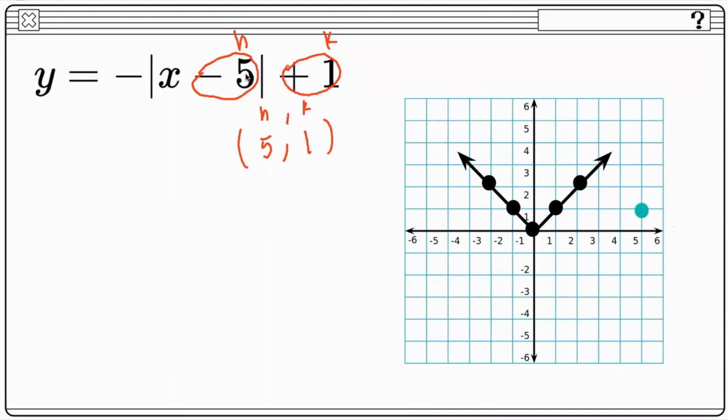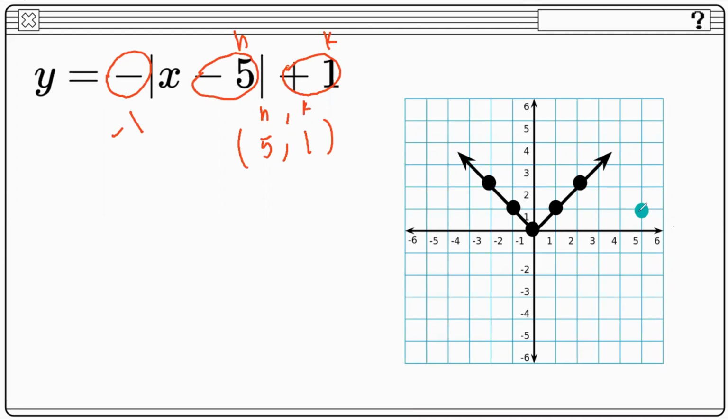And now you can go ahead and plot the remainder of your points. So once you've found your vertex, you can go ahead and look at what pattern you're going to be plotting your points. In this case, you want to look at what your absolute value function is being multiplied by. In this case, it's negative 1. Remember, you want to think of the value that it's being multiplied by as the slope and the way of how many units you're going to go up or down.